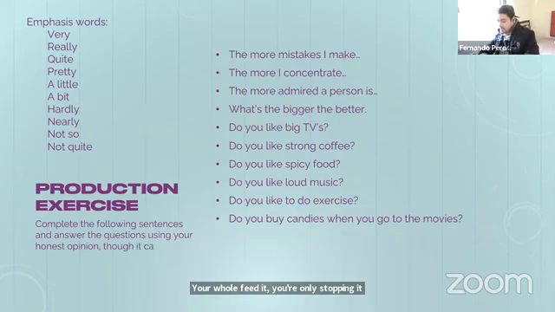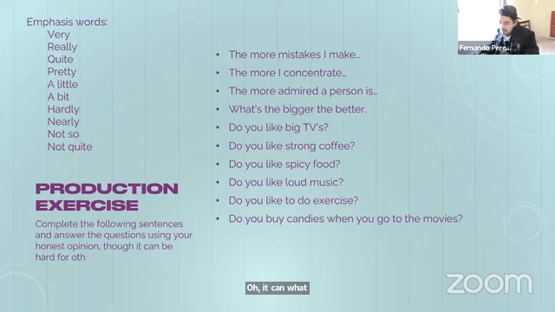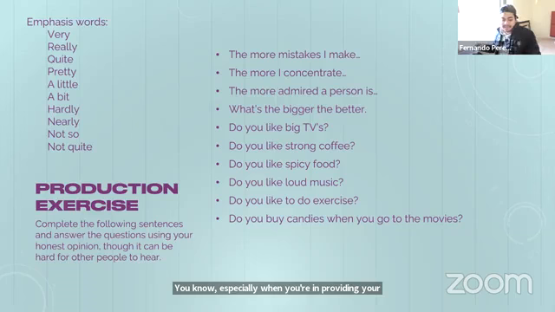So it can be hard for other people to hear, especially when you are providing your opinion and when you need to clarify specific things. For example, yesterday we were talking about Marvel movies, right? It's not that I don't like the new movies, but I definitely prefer the old ones.